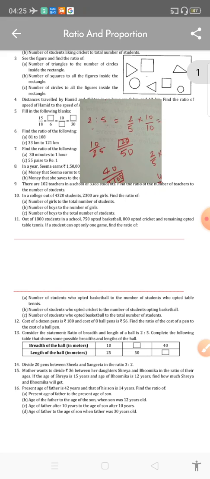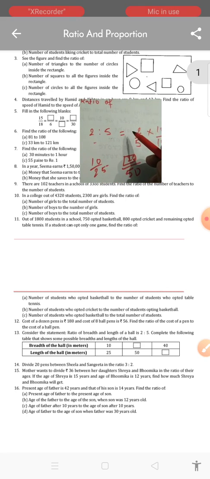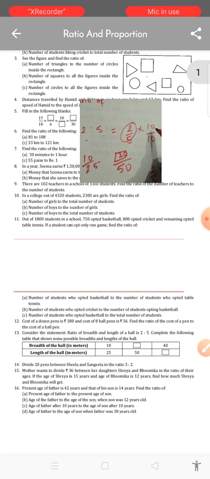Now we are going to solve the next question, number 14. This is very easy. The given ratio we can write as 2/5. After this we multiply numerator and denominator by 10, so we obtain 20/50.